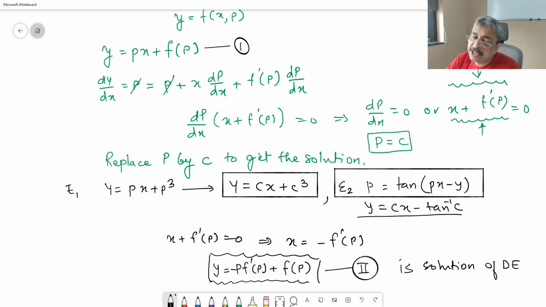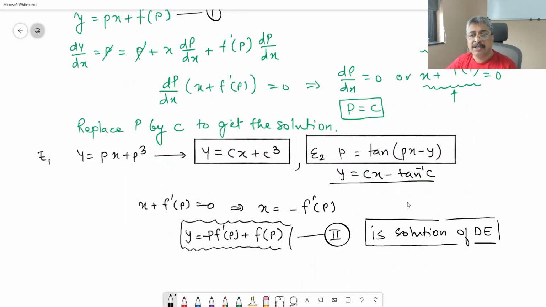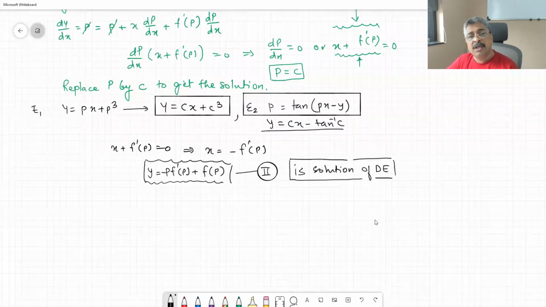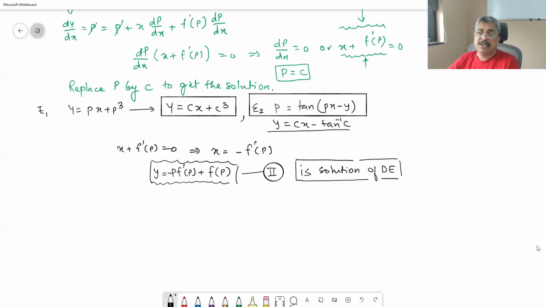The way we have done it yesterday for the last problem, it was not possible to express p explicitly and substitute back into the original equation. Similarly, if we are not able to express f of p and p explicitly and put it back into the original equation, we might not be able to get the solution. Therefore, we will say that the existence of those two equations simultaneously is the solution of the differential equation in parametric form.